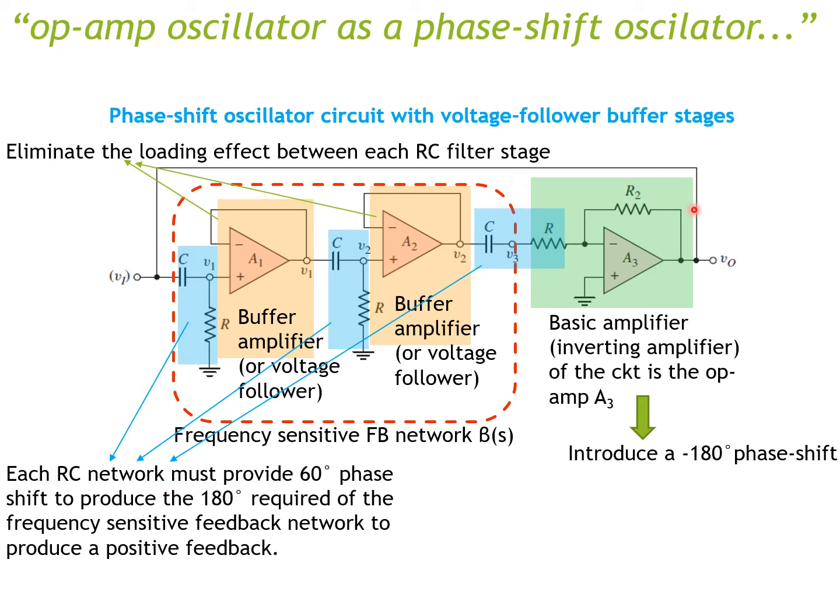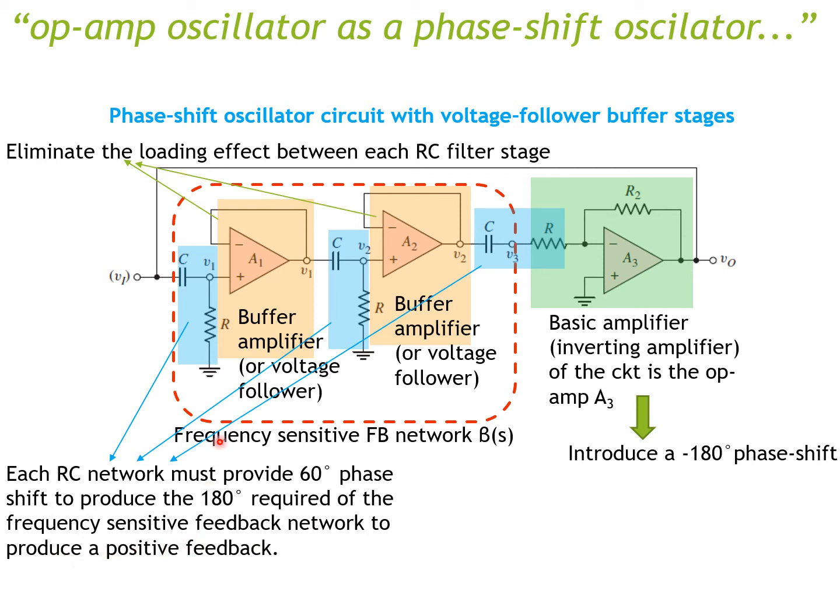Since this one introduced negative 180 degrees, and you have a three-stage RC, each RC network must provide a 60-degree phase shift to introduce enough 180 degrees to counter this, for the frequency sensitive feedback network to produce a positive feedback.